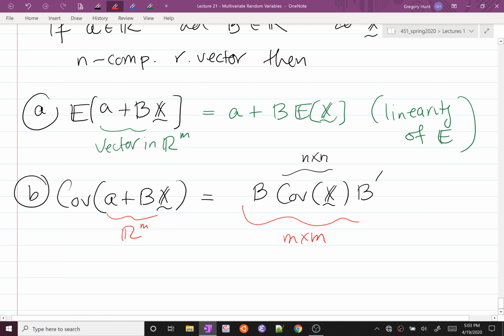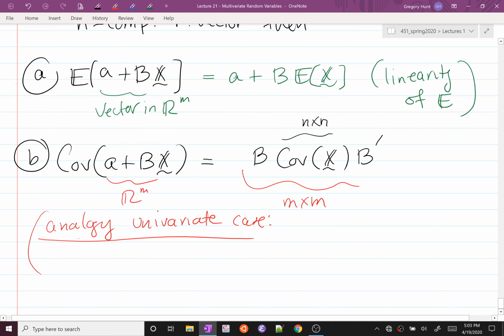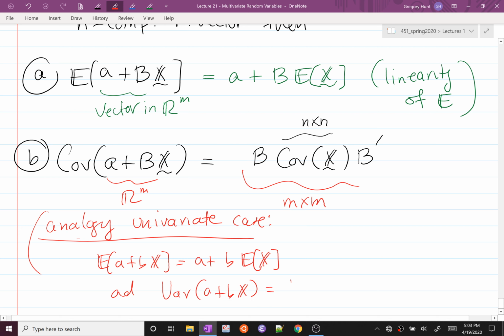And so the analogy in the univariate case is that the expected value of A plus BX is A plus B times the expected value of X, and the variance of A plus BX is B squared times the variance of X. Well, now we don't have B squared.